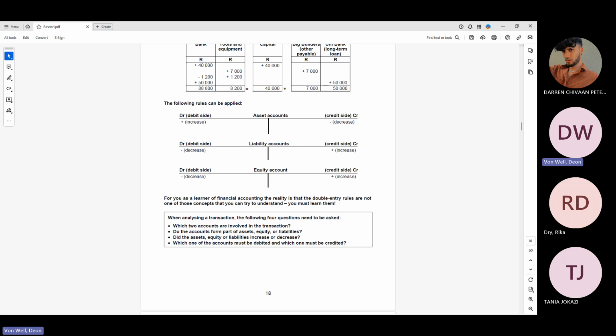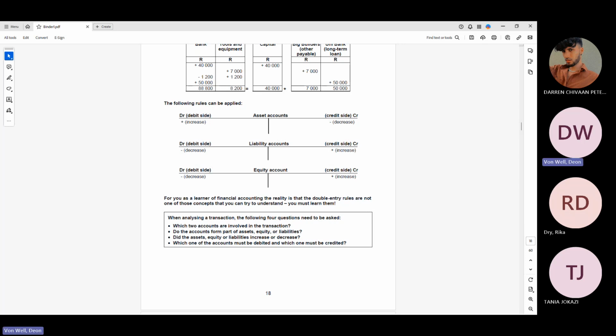I mean, I promise you, if you know your rules and you apply them correctly, you can do anything. But not knowing these rules, you're going to struggle. So if you have not studied these in your prior studies, please go and do it now. Because if you don't know it, you're going to struggle.